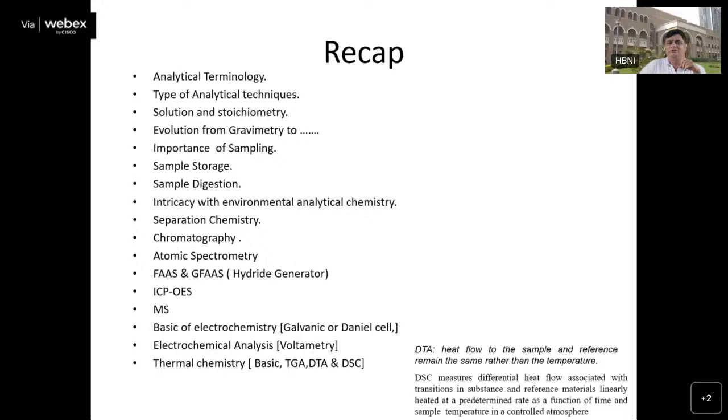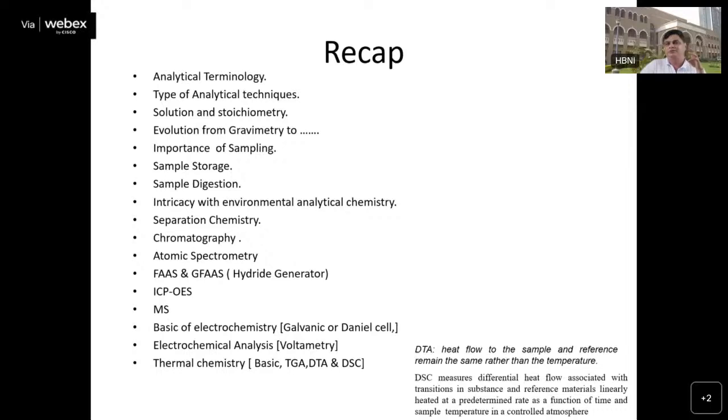So in this we had seen both gas chromatography and high pressure liquid chromatography, and of course we had talked about paper chromatography also, where we had seen how the retention factor is evaluated. After finishing chromatography, we come to atomic spectrometry.